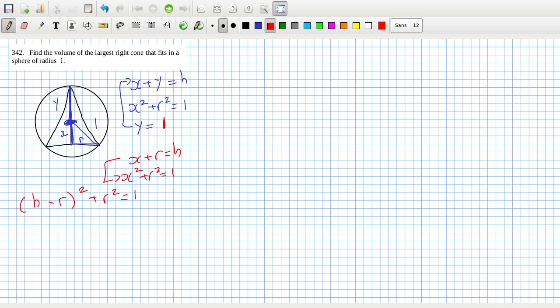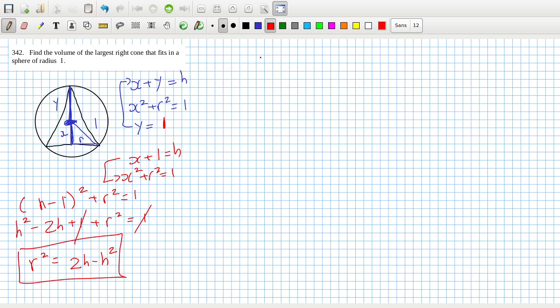So y equals 1. So that means x plus 1 equals h. So that means x is h minus 1. Okay, so let's square that out. h squared minus 2h plus 1 plus r squared equals 1. The 1's cancel, and you get r squared equals 2h minus h squared.